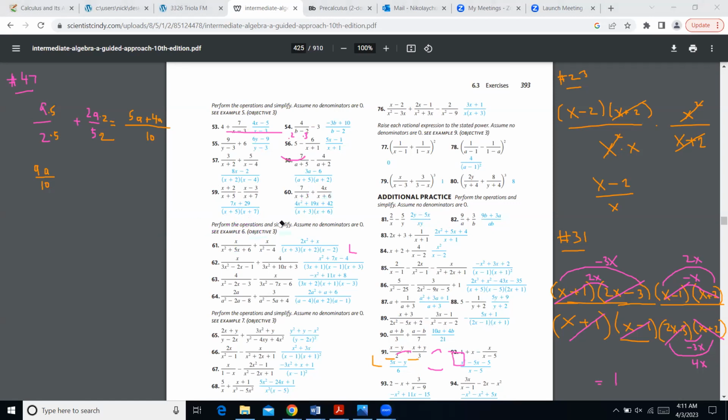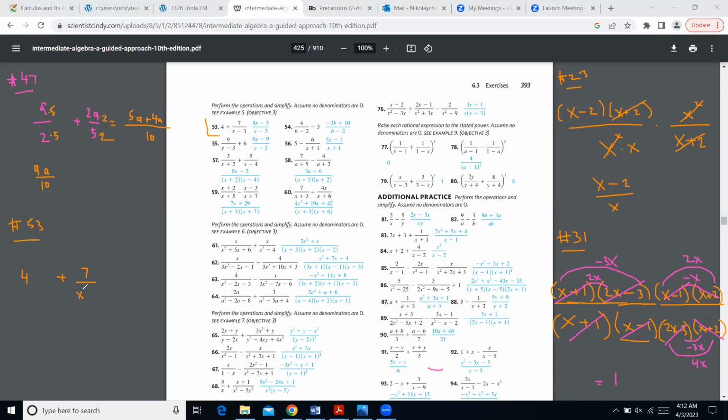Exercise number 53 has, again, different denominators. So I'm going to try to find the same one. I have the first number 4 that doesn't even have a denominator, added with 7 over x minus 3.